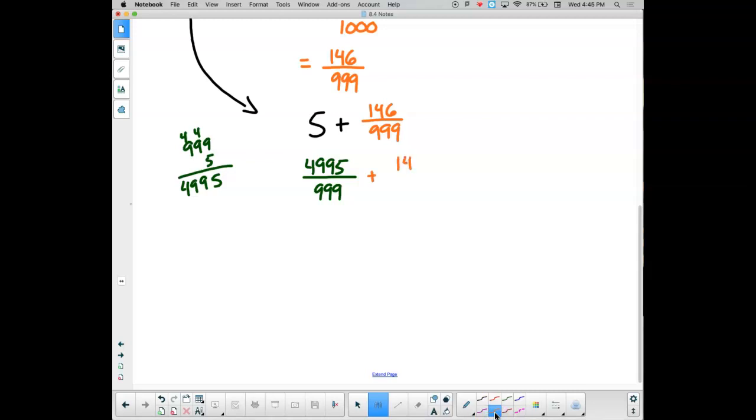Plus 146 over 999 gives me my final answer of 5.146 repeating is equal to 5,141, adding the two tops, all over 999.